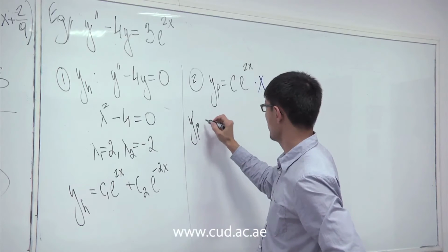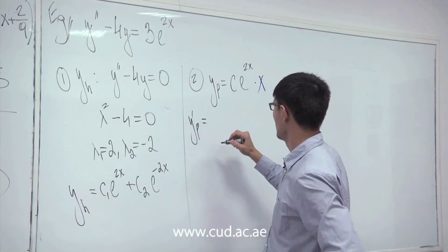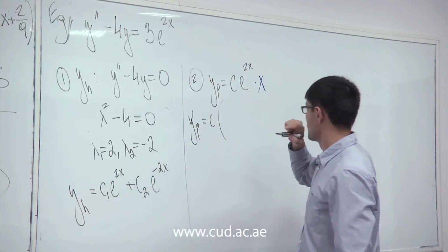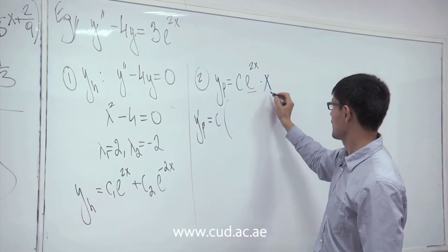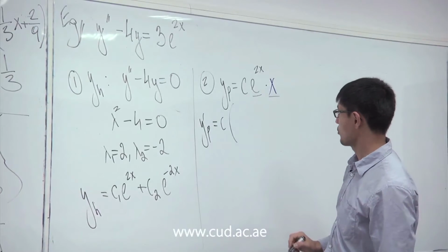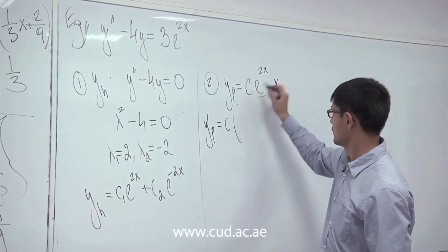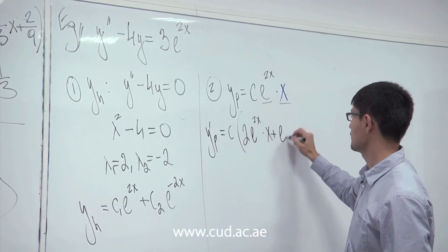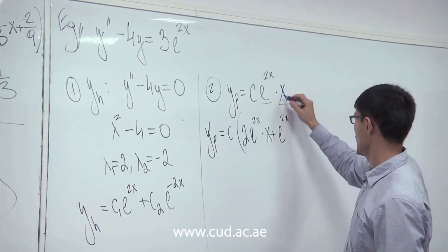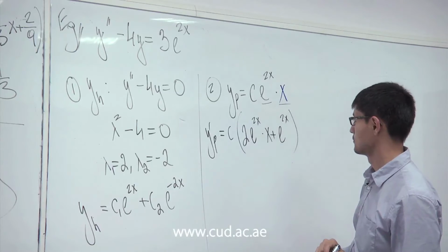If I take the first derivative, what do I get? Well, let's see. To take the derivative, I have e to the 2x times x. So I have to use the product rule for the derivative. And I get 2 e to the 2x times x plus e to the 2x, and the derivative of x is 1. Okay?